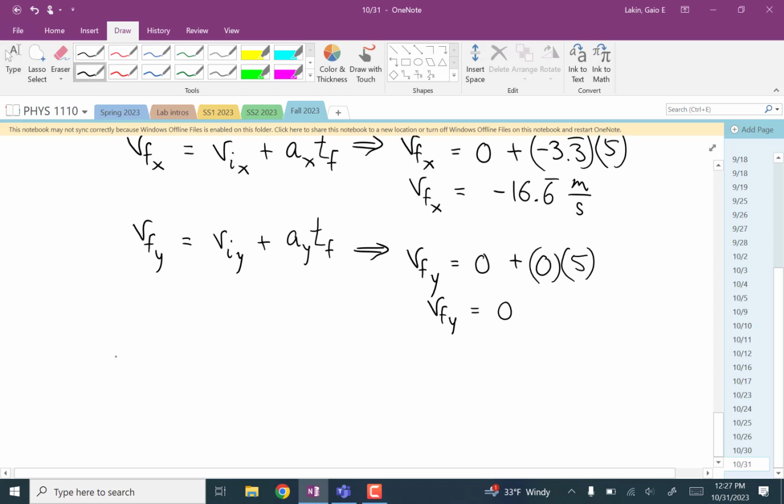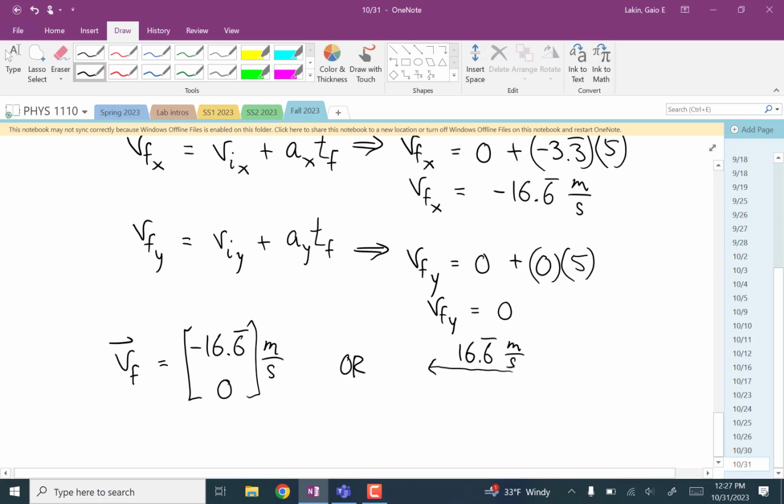And so the final velocity after those 5 seconds is negative 16.6 repeating 0. Or in other words, that's in the negative x direction. So it's moving this way at 16.6 meters per second.